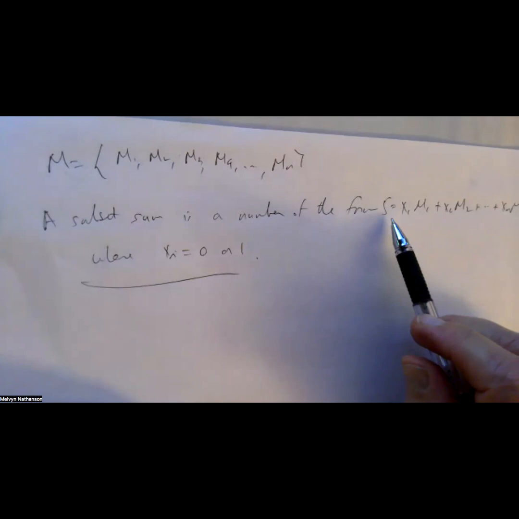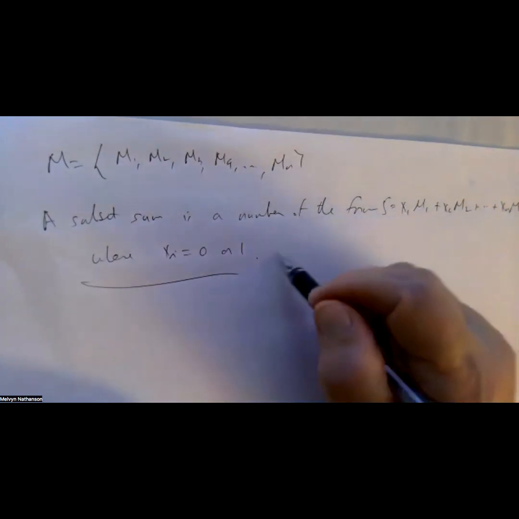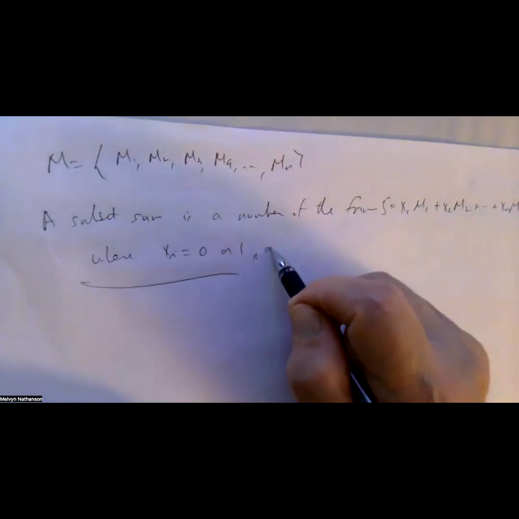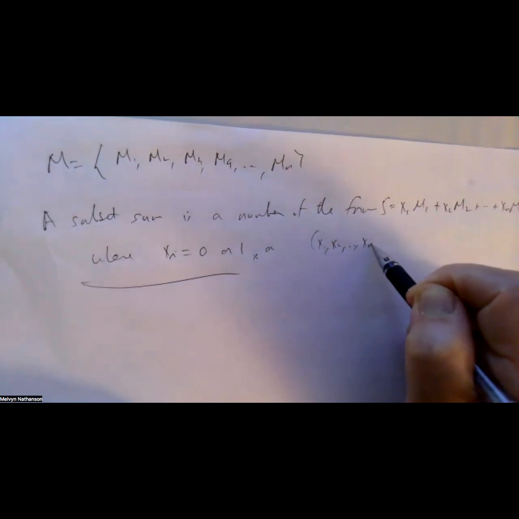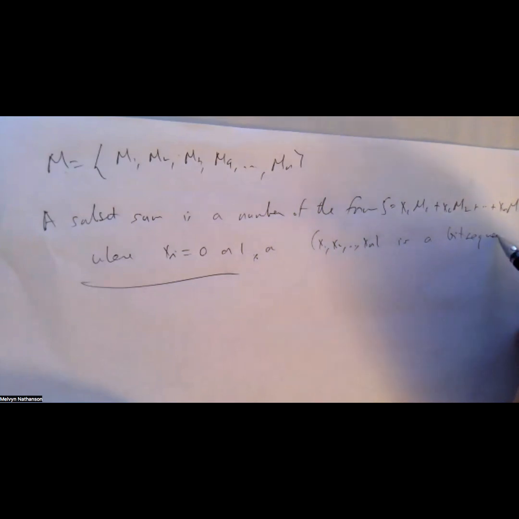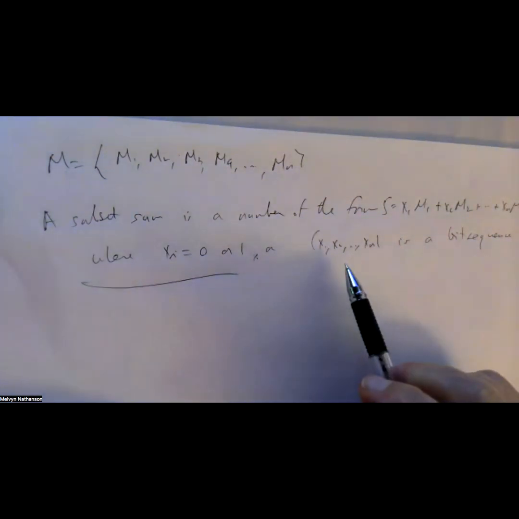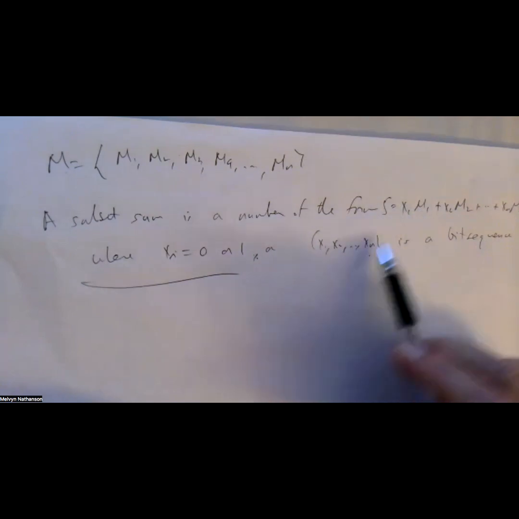So every subset sum can be written in this form, where x1, x2, up to xn is a binary sequence, a bit sequence of length n. So for every bit sequence of length n, I get a subset sum in this way.